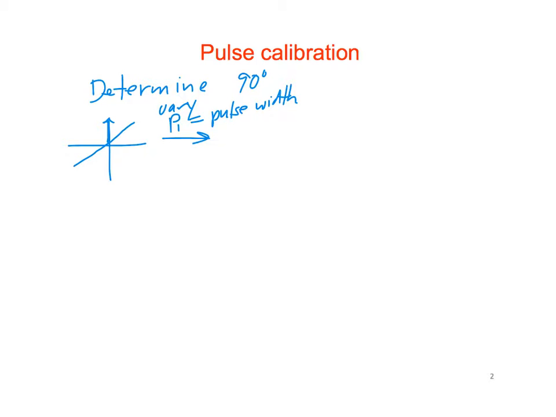So if we did this experiment where P1 equals 0, we essentially did not apply any pulse.